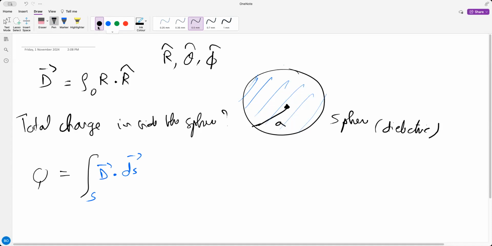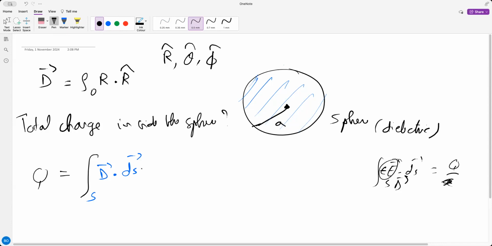Remember, in Physics 2 we did the following: the integral of E dS, Gauss's law, is equal to the total charge divided by epsilon. Well, if you bring epsilon over here, it becomes D, so this is exactly the same.